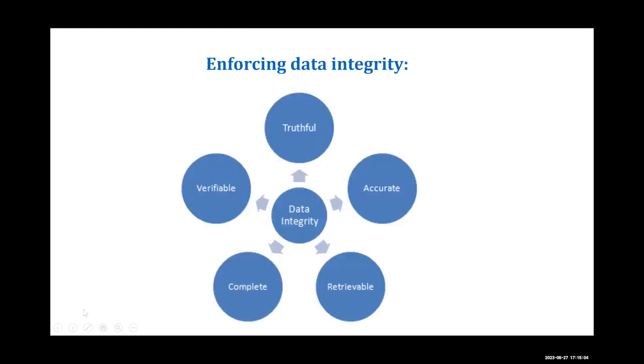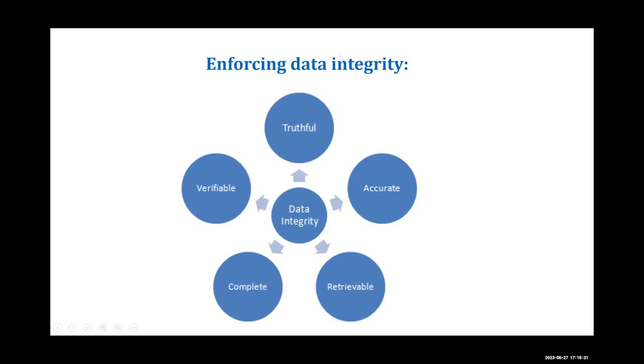Next we have enforcing data integrity. In the database approach, enforcing data integrity is much easier. Data integrity refers to the validity of the data and it can be compromised in a number of ways. Data integrity constraints can be enforced automatically in the DBMS, and others may have to be checked by the application programmer.